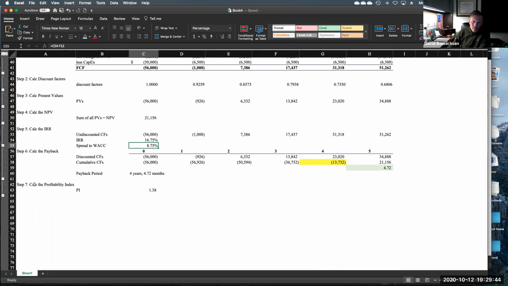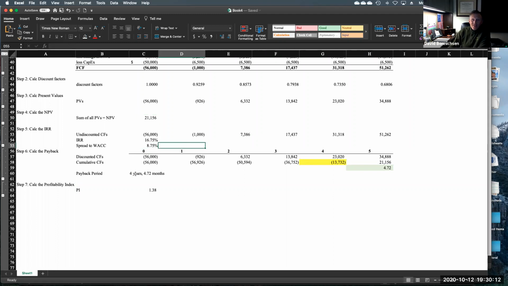And then we have these remaining two metrics that are not used per se in your decision-making process because they don't really factor in the future time value of money. But they are metrics that are used in order to support the decision to select a project based upon the project's net present value or spread to the WACC.